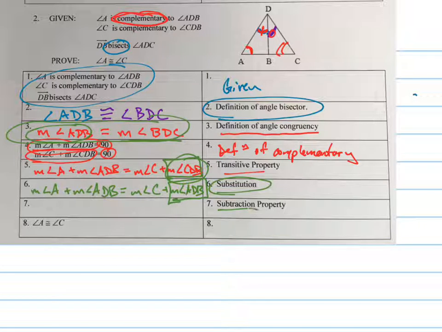Substitution property. Now what can I do? Now I'm using the subtraction property to subtract out. What am I going to subtract out? See how that's got the same thing on both sides?